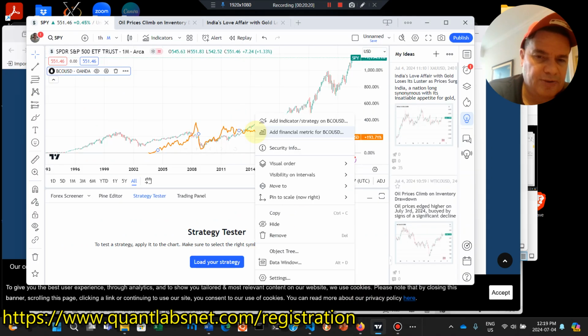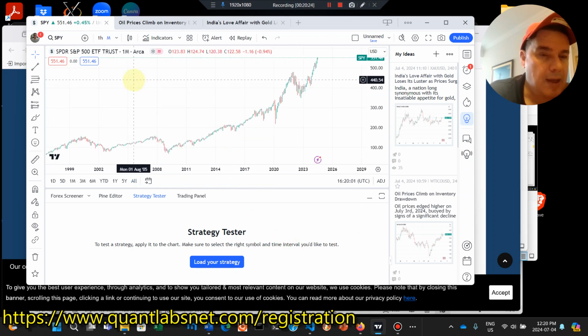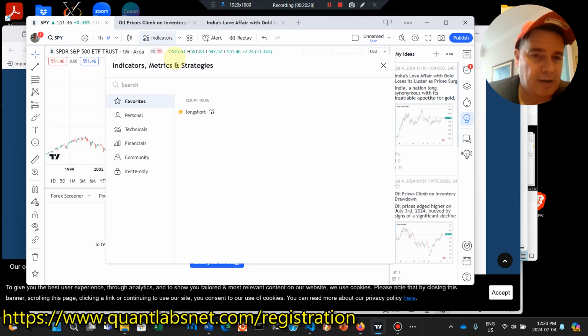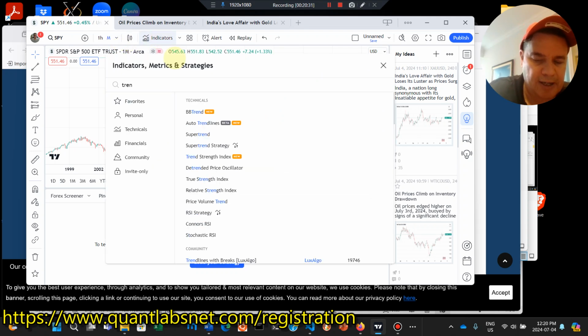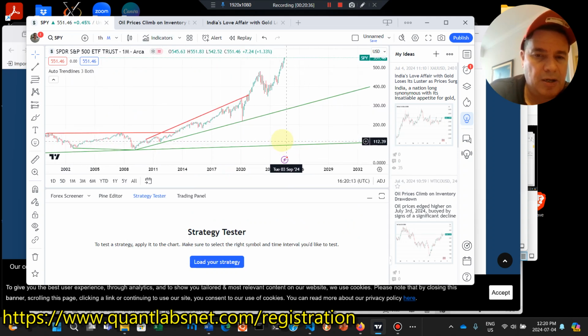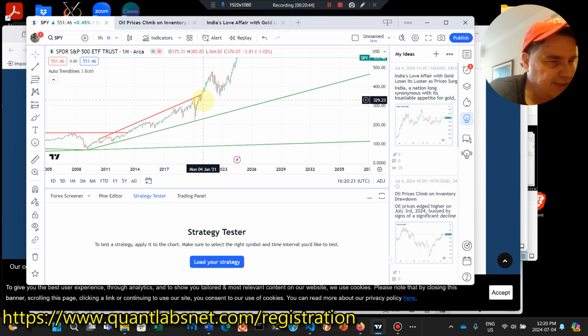Another thing that they don't talk about here, which I think is important, and it's fairly easy to see, this is a great example with SPY. If I just put a standard indicator in here called the trend line, let's try this auto trend line here. You can see here, generally the auto trend line is saying yes, we have a green trend following, and that's all fine.